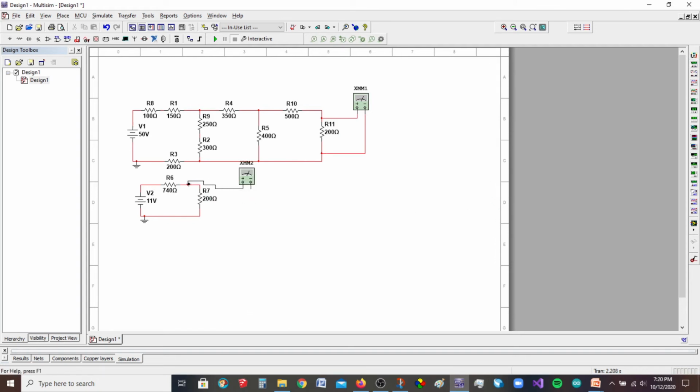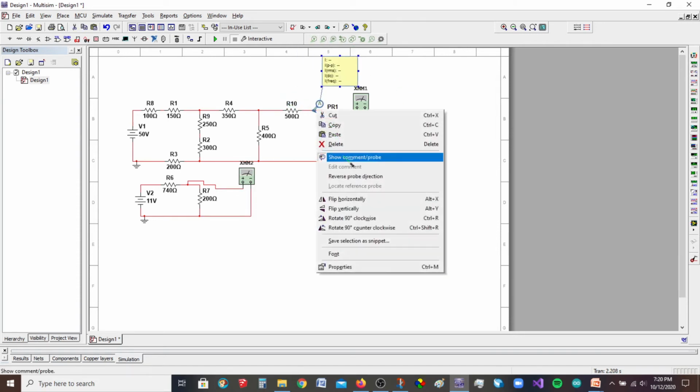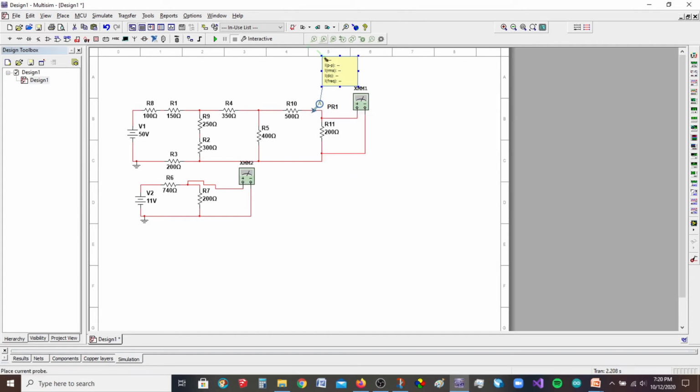And then I will put an ammeter in each one. I want to know that branch, reverse it. And I want to know that branch. Okay, let's see how we did.